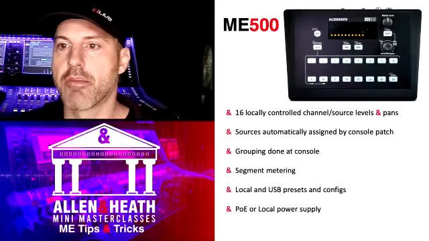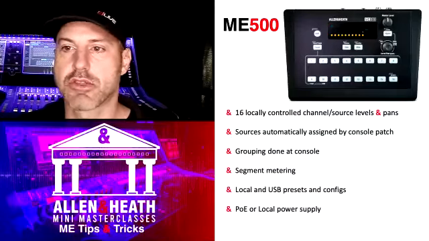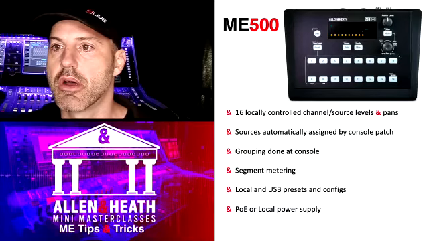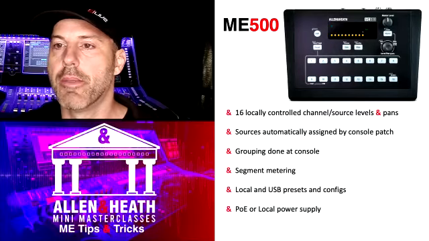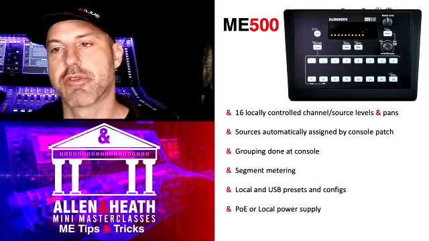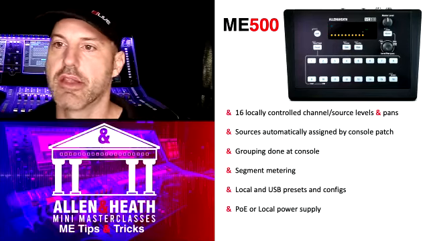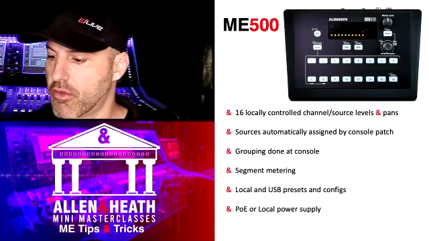The sources are automatically assigned by the console patch, so it's very easy. There's no programming or anything like that to do. Grouping will be done at the console on this unit. There are no groups built locally. There is segment metering versus the OLED screen on the Me 1, and then as before, local and USB presets, and this unit can be PoE or locally powered.